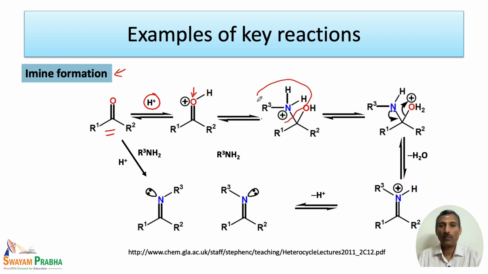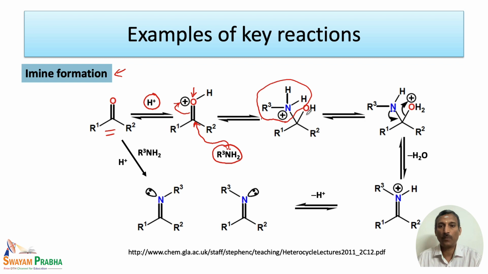Once the oxonium ion is formed, we have a base, basically a primary amine, as shown here. R3NH2 is the amine. This amine has a lone pair of electrons, and with this lone pair it attacks this particular electrophilic carbon, and simultaneously this bond is shifted towards the oxygen.